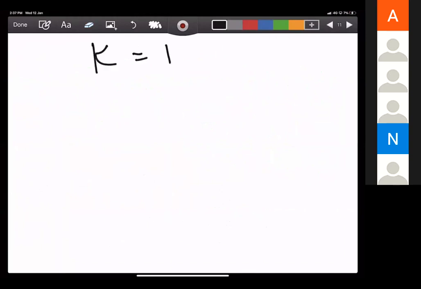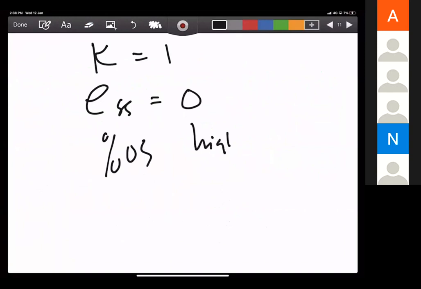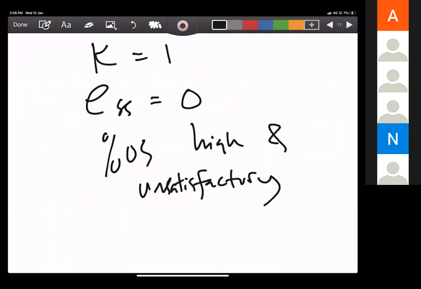K equal to 1. Steady state error 0, but overshoot high, and unsatisfactory, tidak memuaskan. Faham?